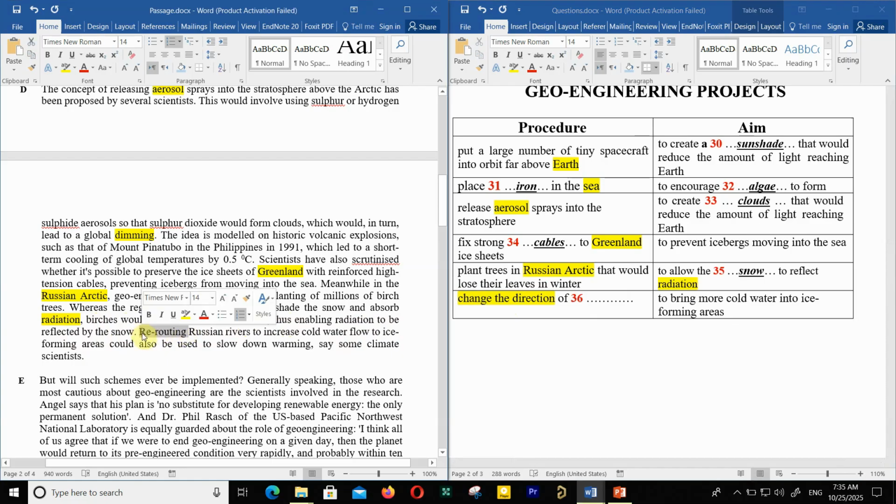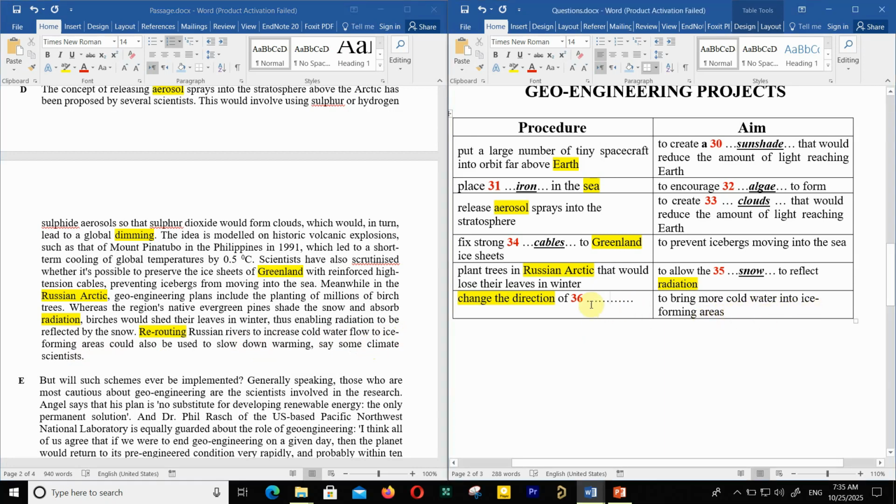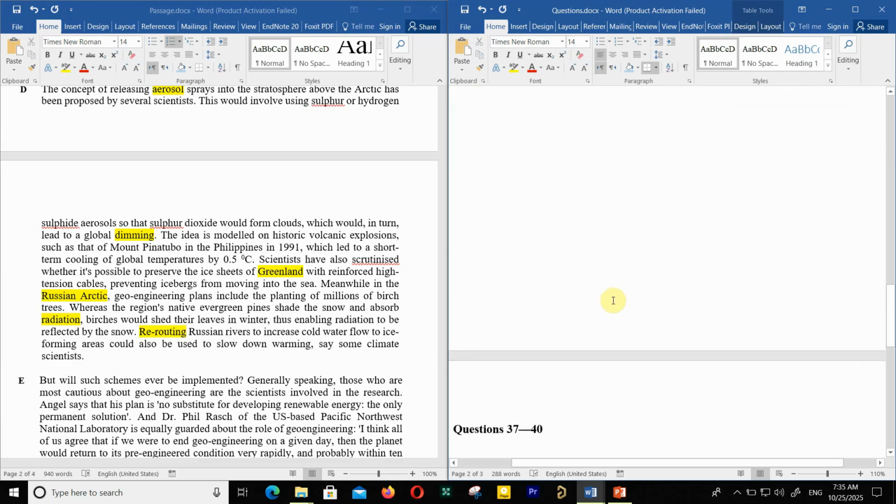This means change the direction of Russian rivers to increase cold water flow to ice forming areas, to bring more cold water into ice forming areas. So change the direction of rivers. You need rivers here. Rerouting. They use rerouting for change the direction of. As you can see, these are all some easy questions to answer and to begin with.